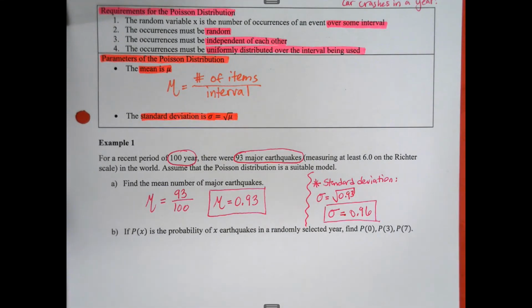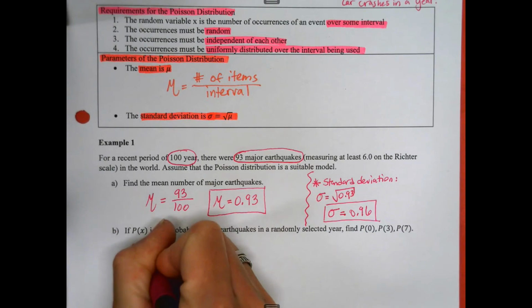The big thing that Poisson distributions can be useful for is finding probability. So if the probability of x is the probability of x earthquakes in a randomly selected year, find the probability of 0 earthquakes, 3 earthquakes, or 7 earthquakes. All we are going to need to do is apply our Poisson formula.